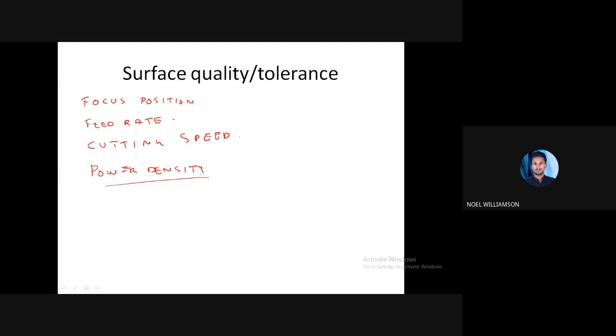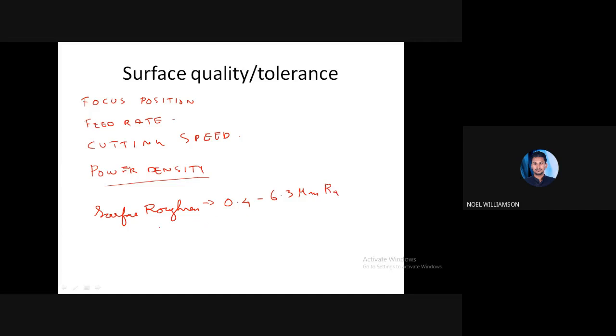So we can see the surface roughness values as 0.4 to 6.3 micrometer Ra value.